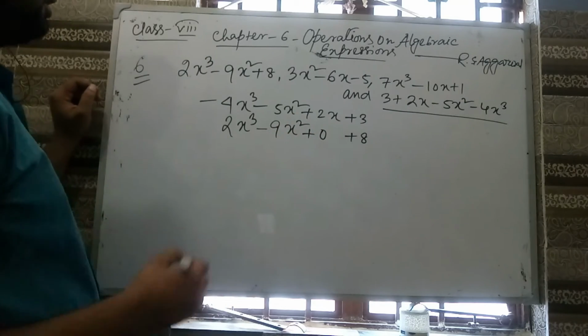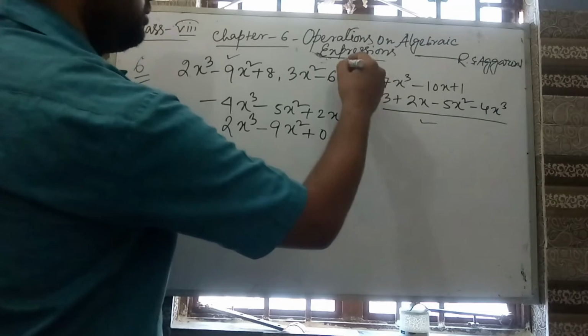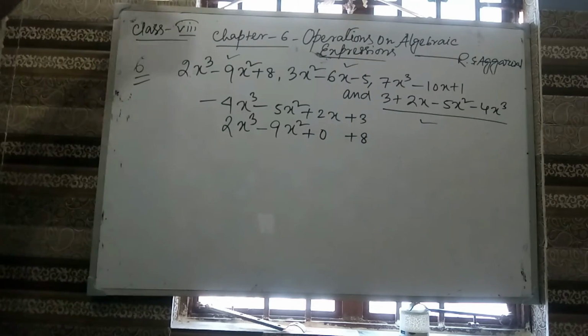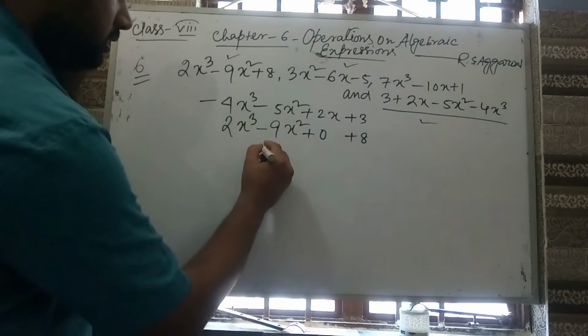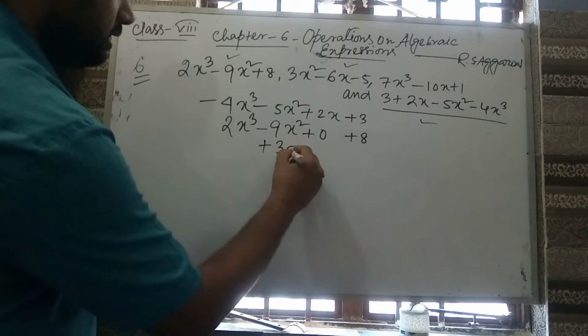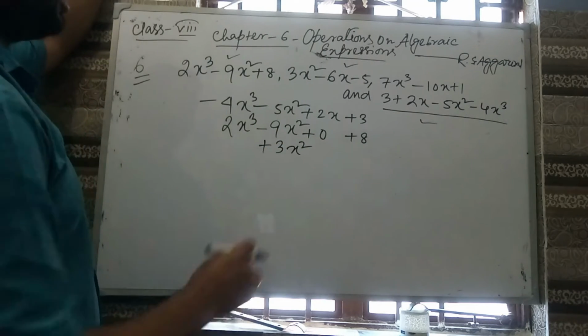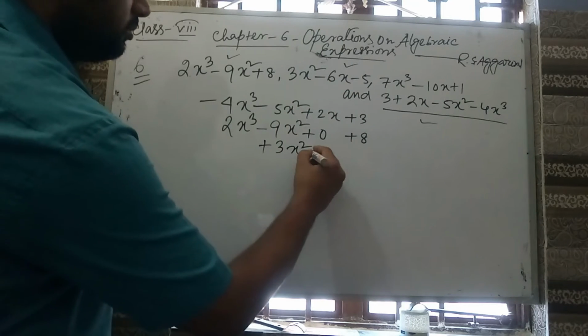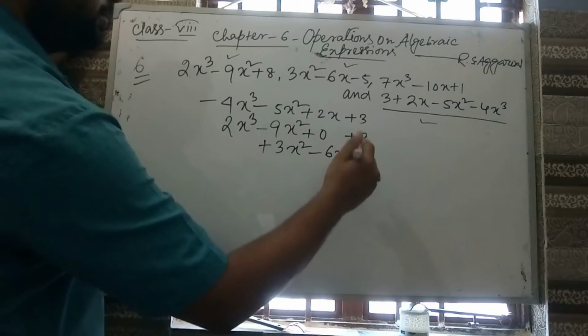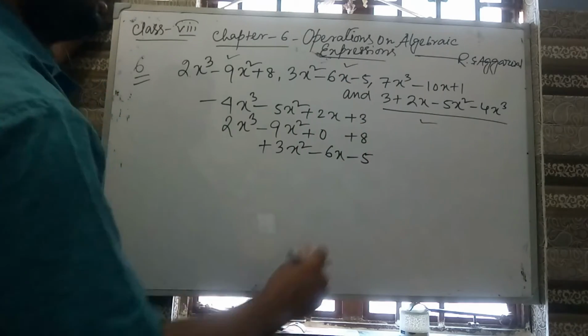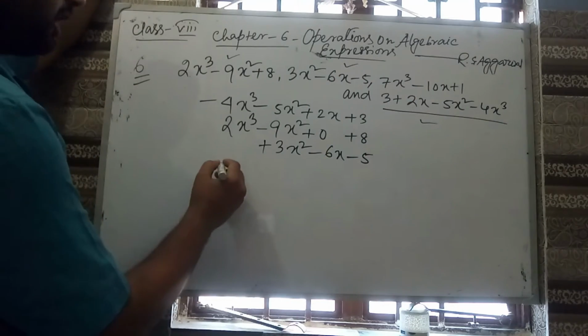Okay, this is done, next one is this one, 3x square. This is the x square related term, so we write plus 3x square. Next one, minus 6x. Then minus 5, the constant part. Here, plus 7x cube.